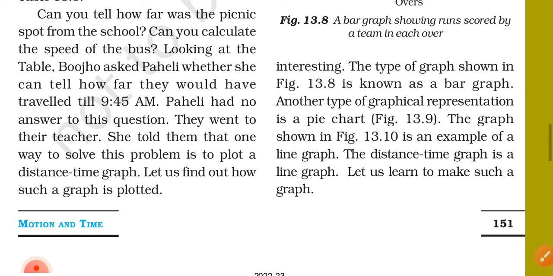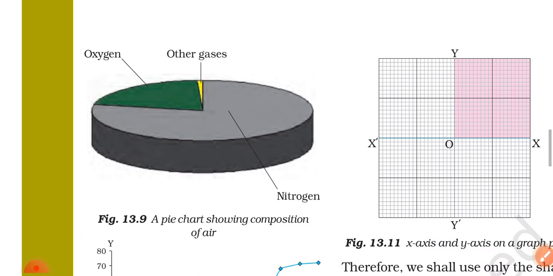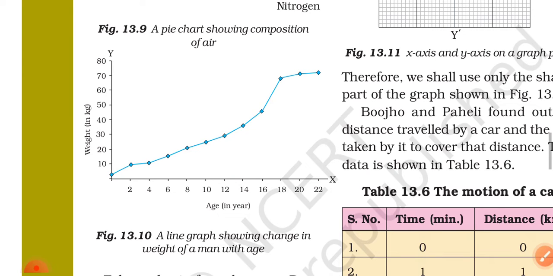Another type of graphical representation is a pie chart, Figure 13.9. The graph shown in Figure 13.10 is an example of a line graph. The distance-time graph is a line graph. Let us learn to make such a graph. Figure 13.9, a pie chart showing composition of air. Figure 13.10, a line graph showing change in weight of a man with age.